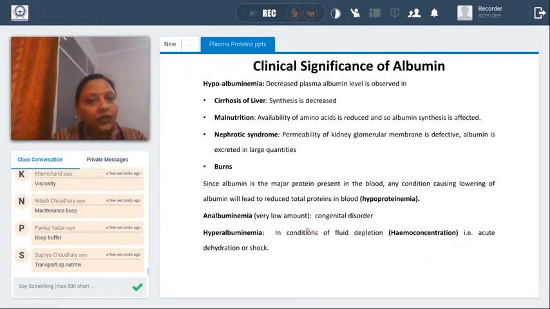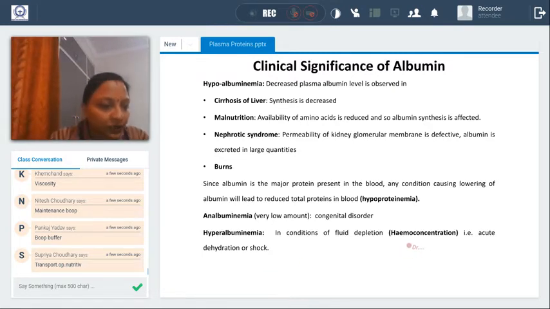Now, is it clear to all of you? You have to remember hypoalbuminemia in the conditions of liver cirrhosis, malnutrition, nephrotic syndrome, and burns, and hyperalbuminemia in acute dehydration and shock, or in the condition of hemoconcentration.